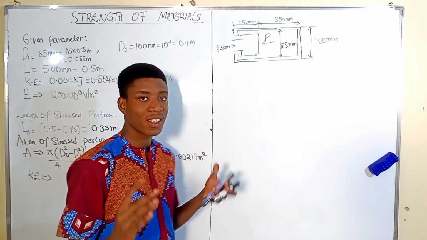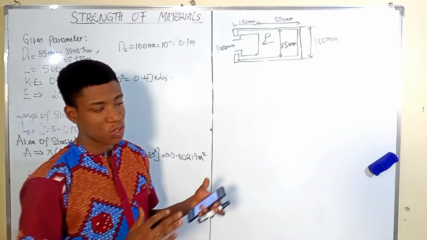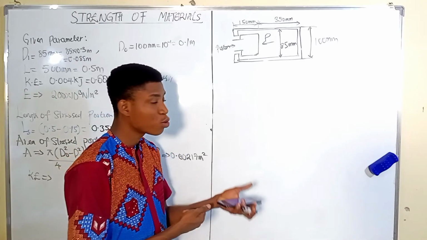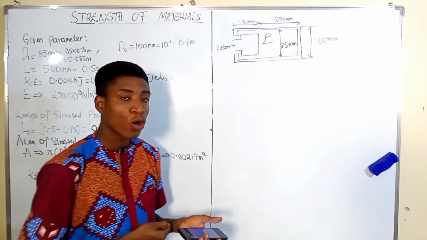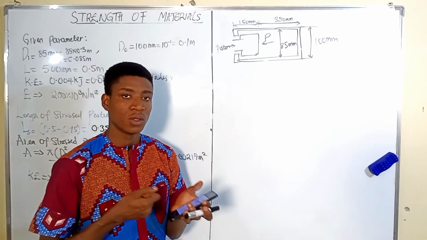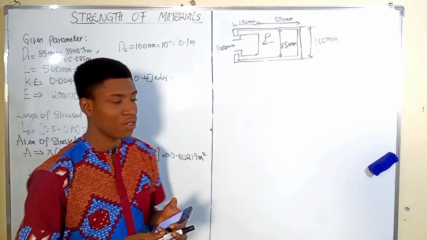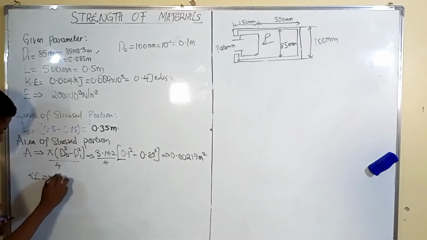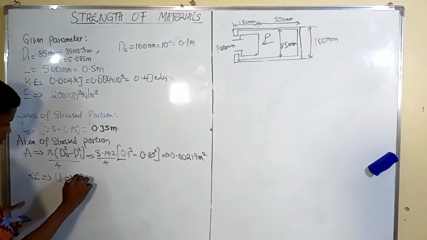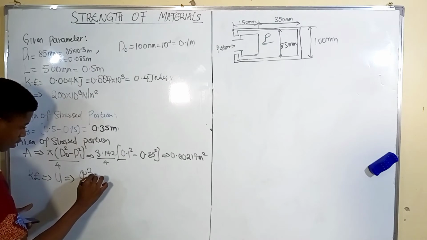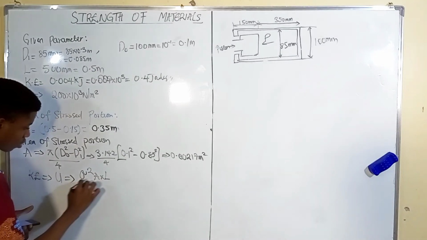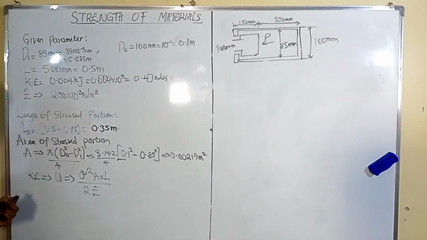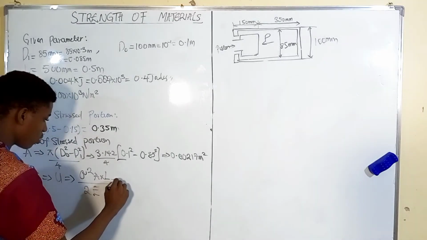So that's the relationship between cases like this, which is energy, the ability to do work. The work due to straining is the work due to motion, which is kinetic energy. So KE is equal to the strain energy, which is equal to the stress square, the area, the length, all over 2E. When we have this, we're going to put in our values.